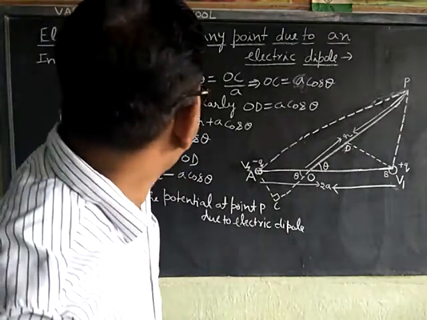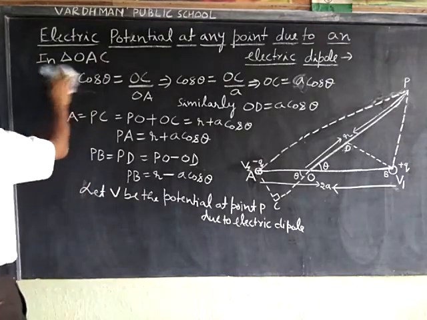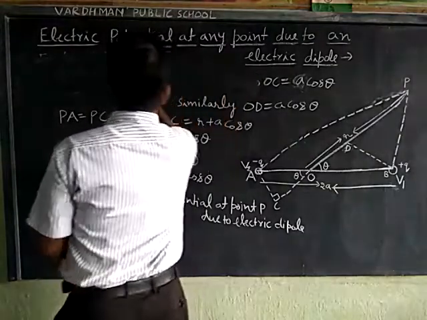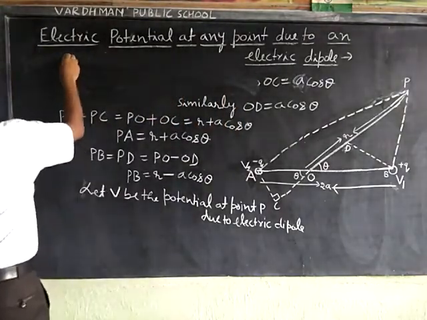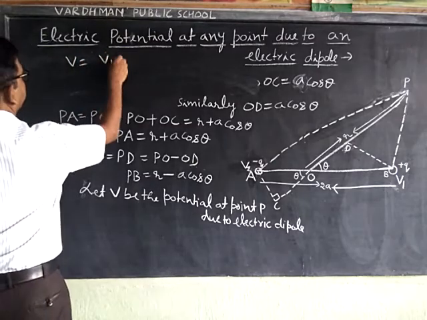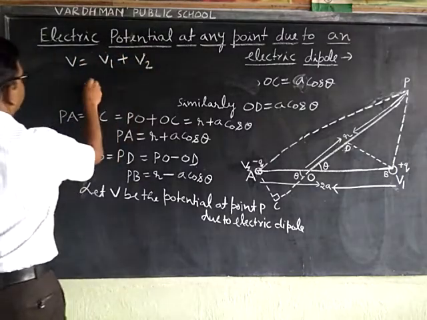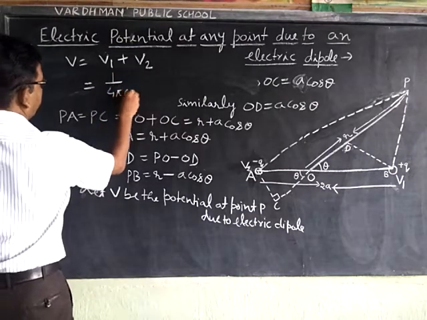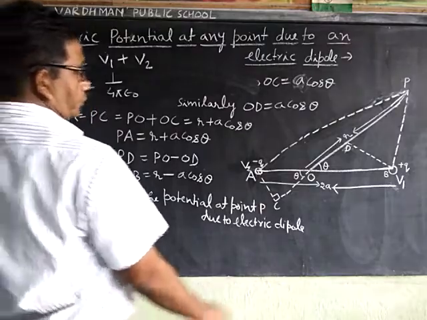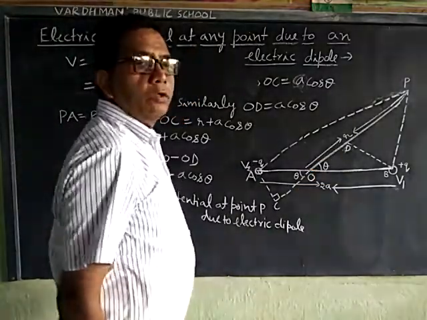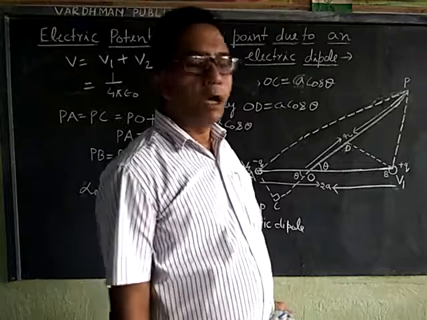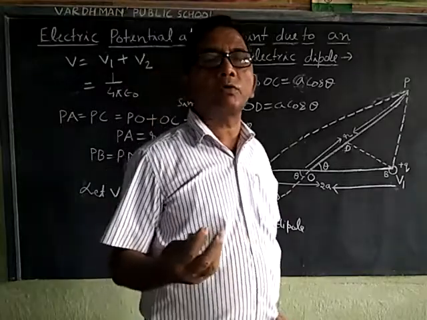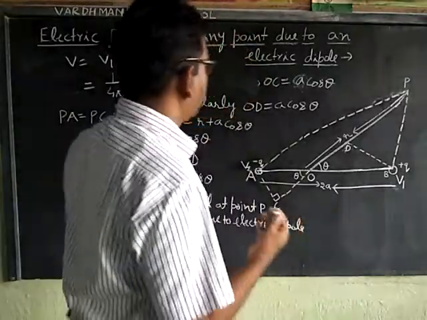Thus we can write V is equal to V1 plus V2. Let K be the electrostatic force constant, equal to 1 upon 4 pi epsilon naught.